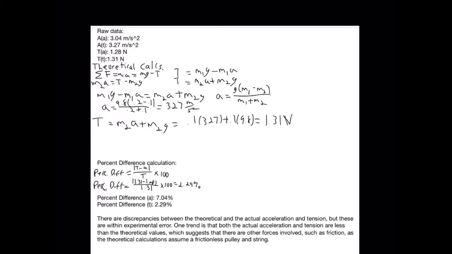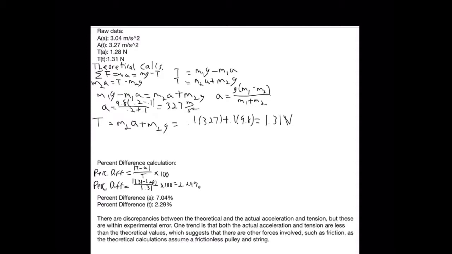Then the equations were set equal to each other, and the value of a was solved in terms of g, m1, and m2. Then the values were plugged in, and the acceleration was found to be 3.27 meters per second squared. To find the tension, the equation T equals m2a plus m2g, which was already derived earlier, was used, and the values were again plugged in to get 1.31 newtons.